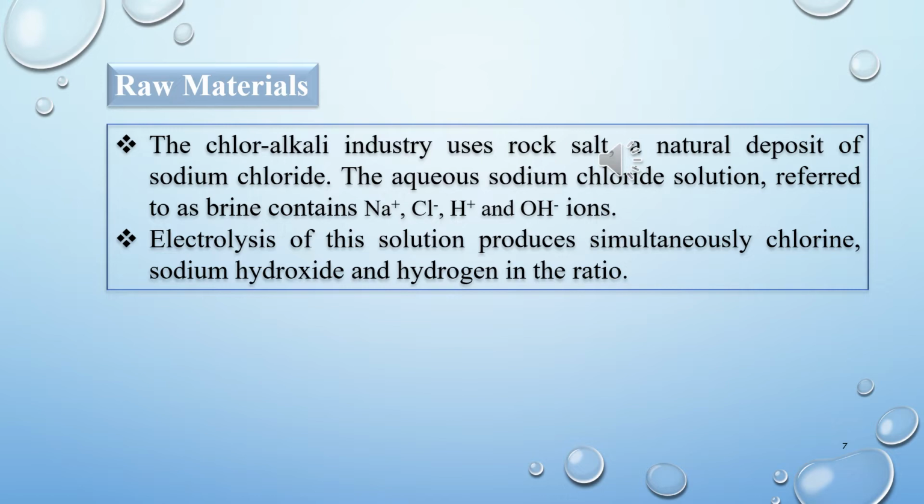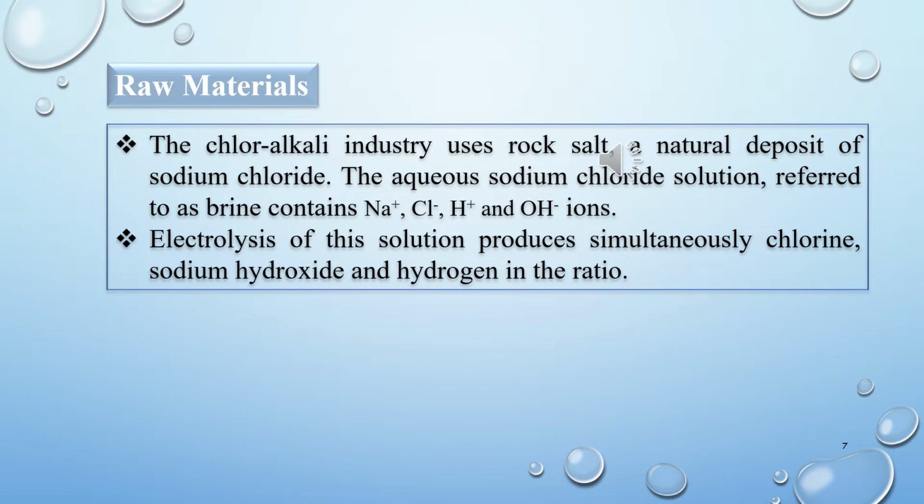As I said, brine is the solution of sodium chloride; we can prepare brine by using rock salt, and that aqueous solution contains four types of ions: sodium ion, chloride ion, hydrogen ion, and hydroxyl ion.